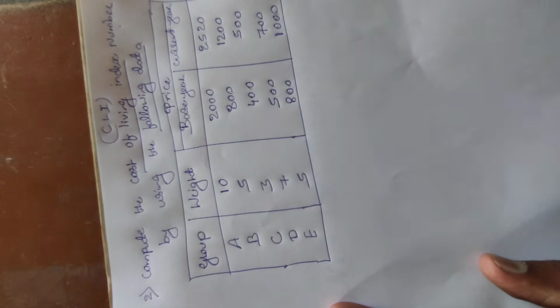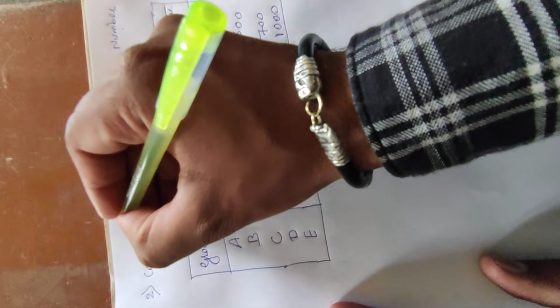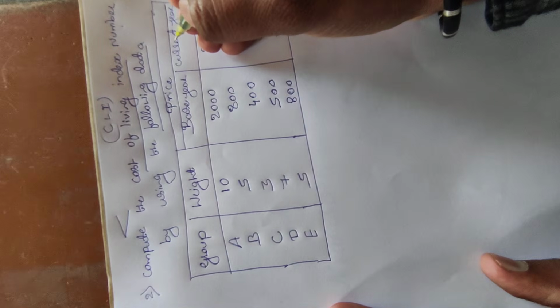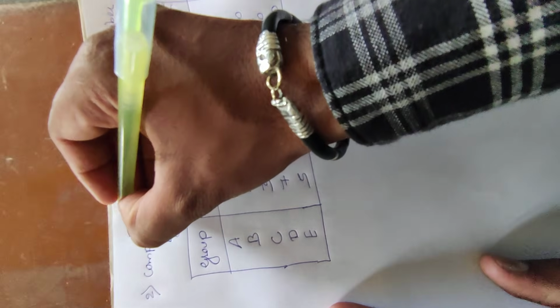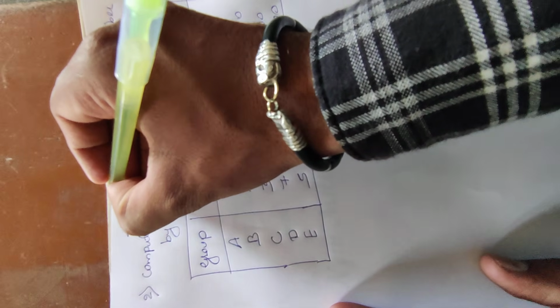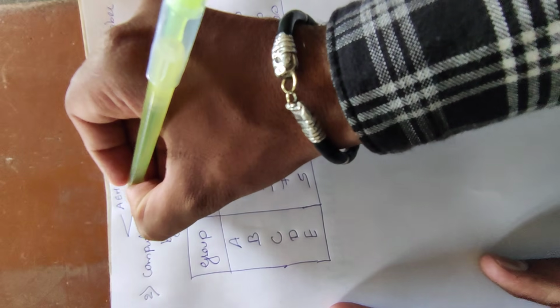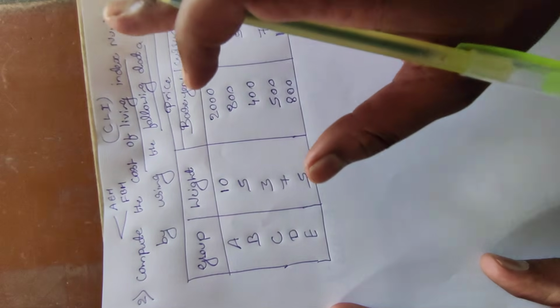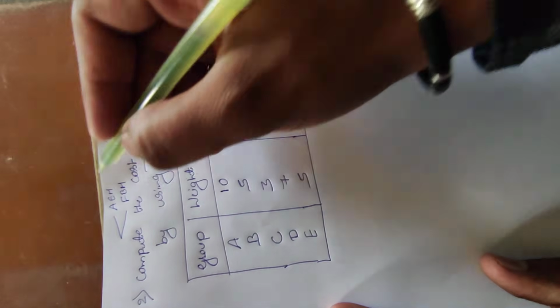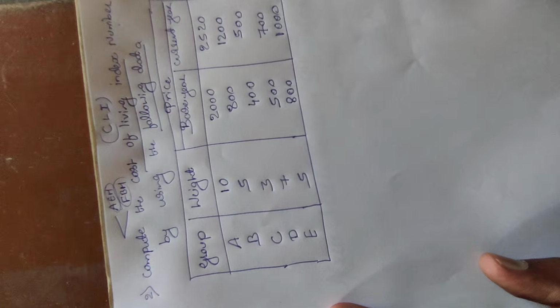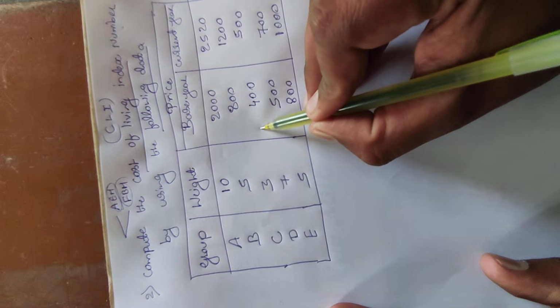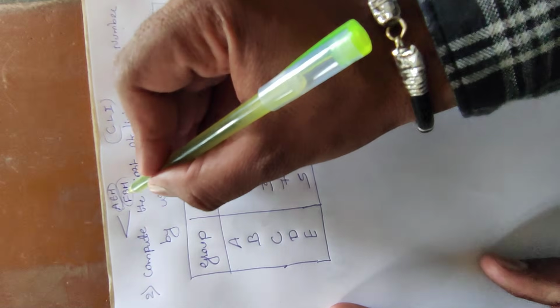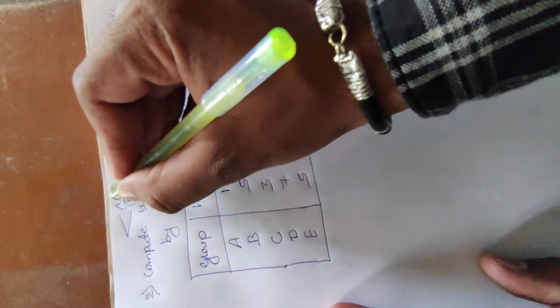In the cost of living index or consumer price index number, we have two types of solution: the aggregative expenditure method and the family budget method. Here they didn't mention which method to use, right? Based on the given information, we should select the suitable method.